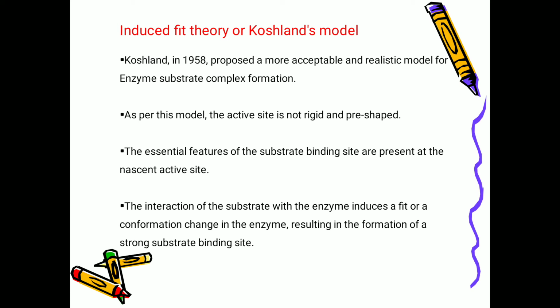So there is no preformed or pre-shaped active site. Suppose the active site is like this and the substrate is like this, the active site will be converted this way. According to the shape of the substrate, the flexible active site will be formed or changed to bind with the substrate molecule.